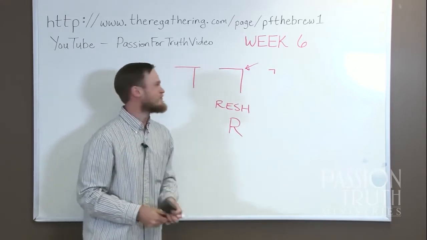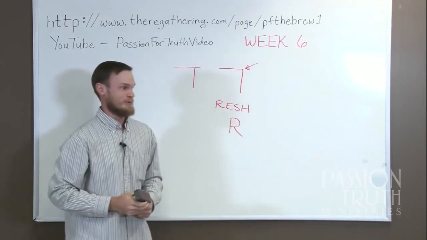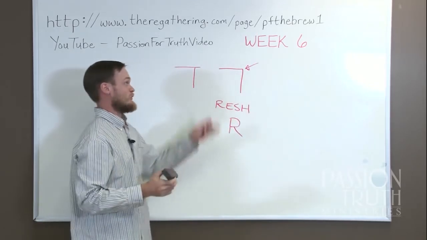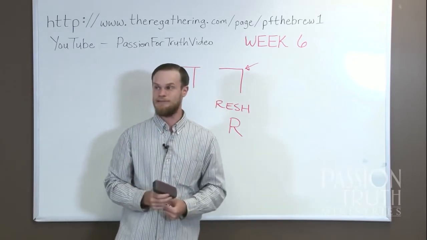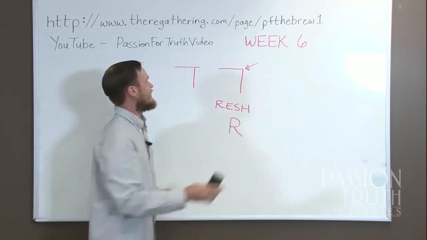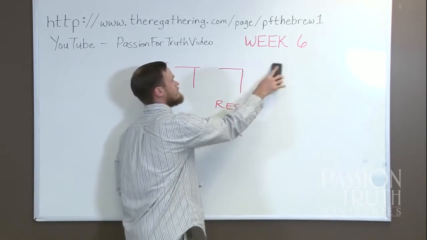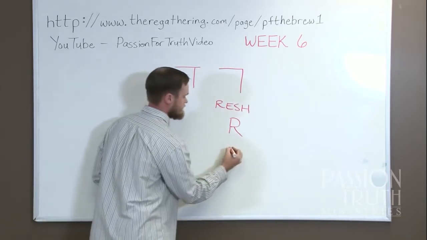I have many times. And as I've mentioned before, even Hebrew scribes have confused these two letters with one another. So, something definitely to be aware of. Okay, the numerical value of resh is 100.